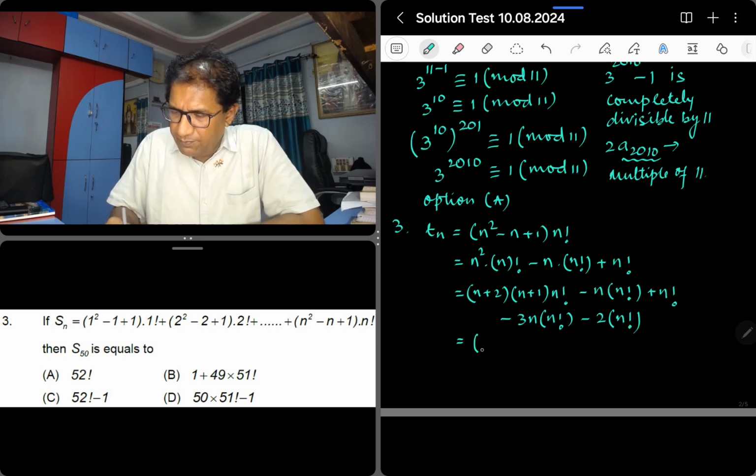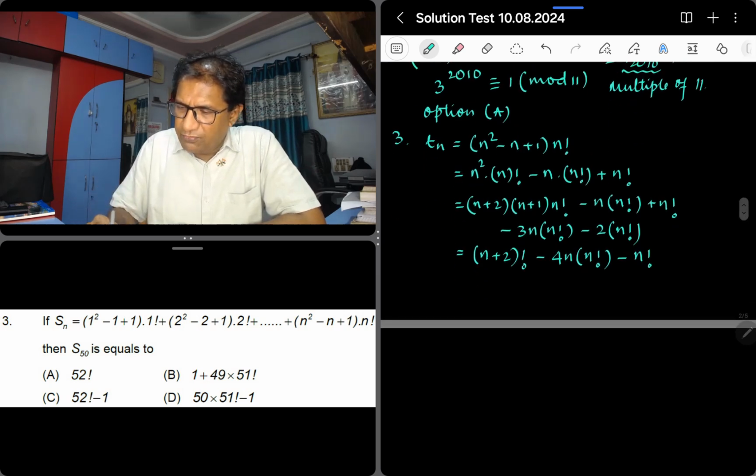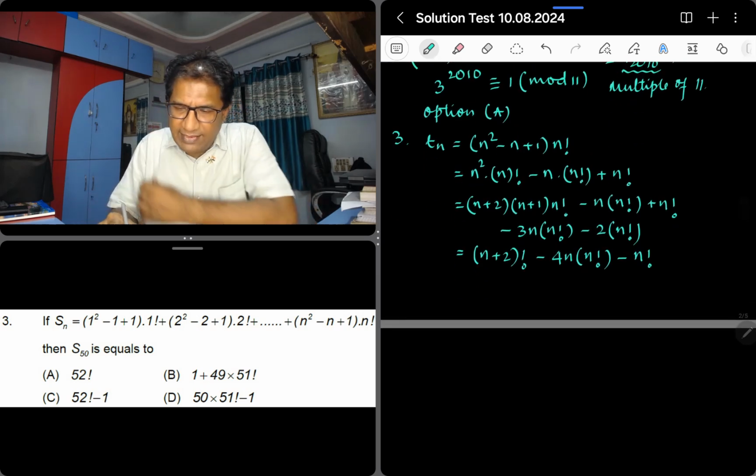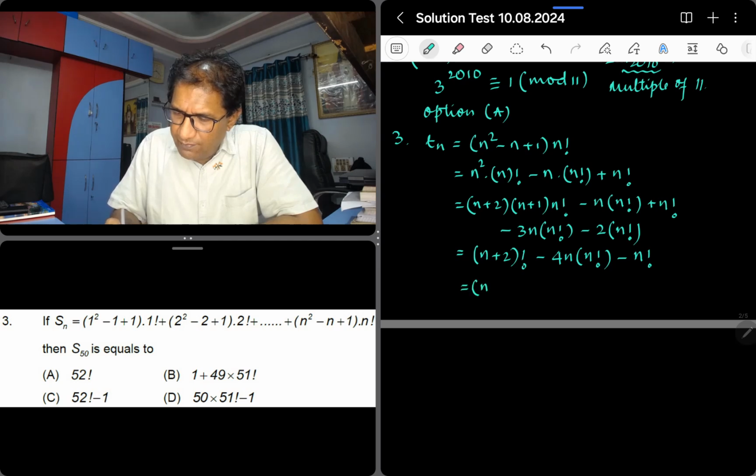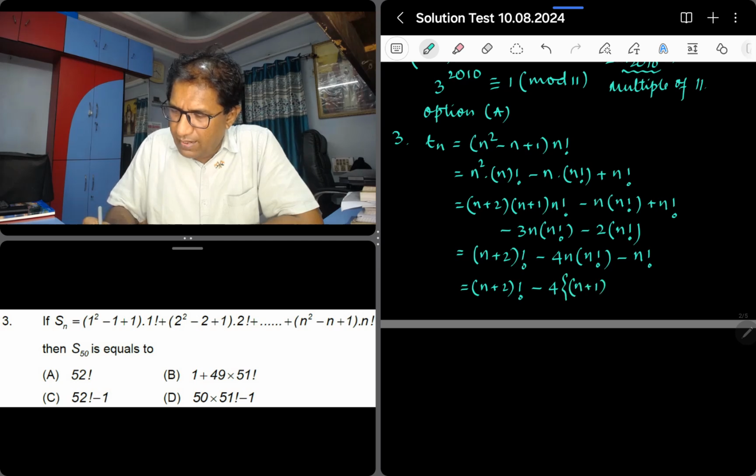So we are getting, now this 4n factorial n can be written as n plus 1 minus 1. I have manipulated this n in the way n plus 1 minus 1.